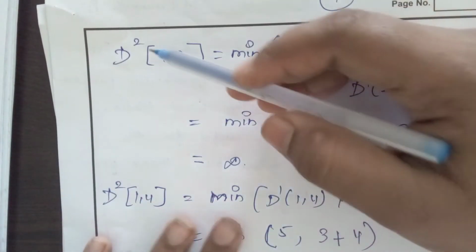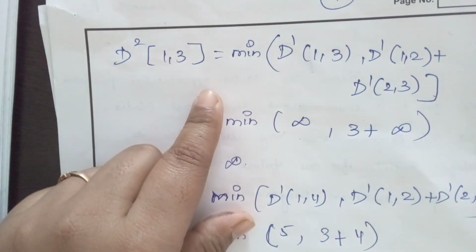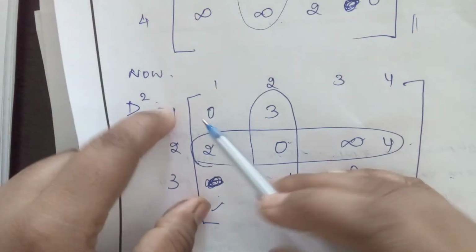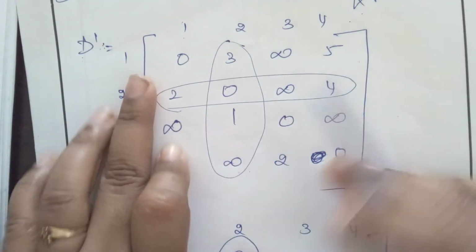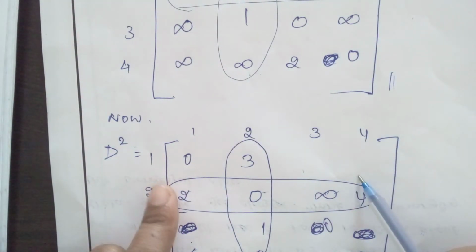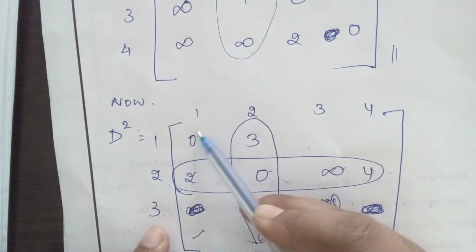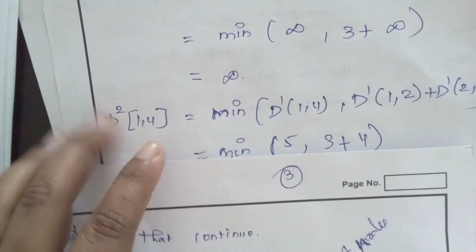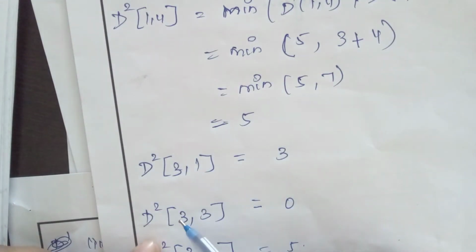Yeah, see D², the remaining values I have to find. See, 1 comma 3 is there, so I have to find (1,3), and then (1,4). See in the diagram, I need to find these values. And then (3,1) I have to find. (3,3) is 0, (3,4) is 5.